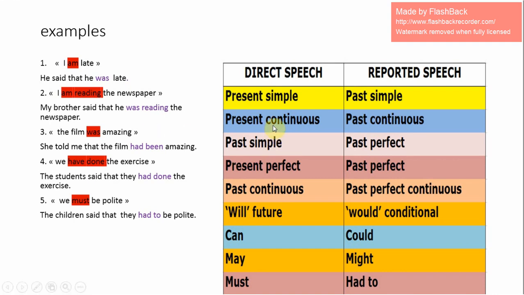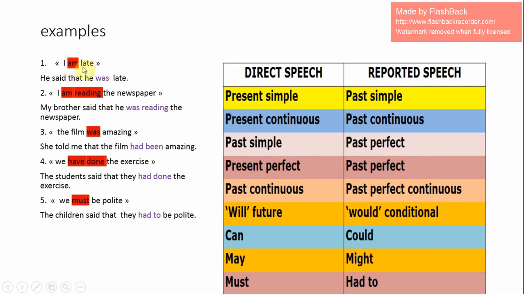And when we have present continuous, past continuous, simple past, past perfect, present perfect, past perfect, past continuous, past perfect continuous. And the same thing for modals. Modals will, can, may, must. So we also need to change them. So will turns into would, can turns into could, may turns into might, and must turns into had to. Okay? Now let's look at the examples.